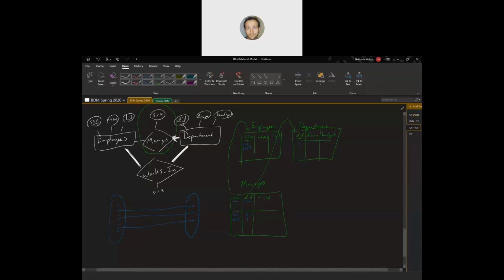Okay, so how about, let's see. Is this violated? Here, there's a violation because of this SSN key, right?